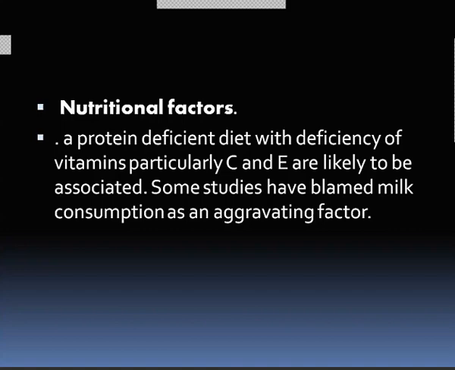So we have to advise them to take the balanced diet, like protein-rich food, and also vitamin C and E should be prescribed for these patients whenever these people are not taking the proper balanced diet.